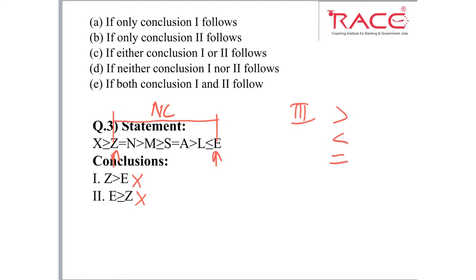All these signs, greater than, less than, and equal to, must be present between those two elements in the conclusions. So we will check the first sign between Z and E. In the first conclusion, Z greater than E. According to the second conclusion, E greater than Z, which is also Z less than E, and third, E is equal to Z.